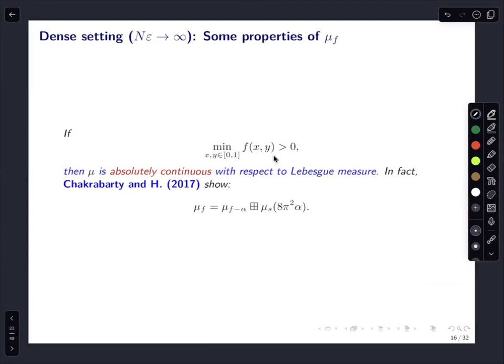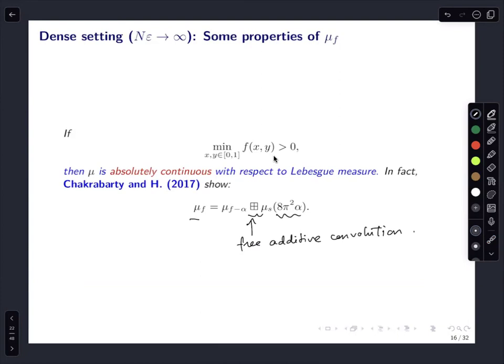Now, what you can show is that mu f is a free additive convolution with a semicircular law with a certain variance, which depends on alpha. So this is a semicircular law with a different variance. And this immediately gives the result, because the semicircular law in the non-commutative world acts like a Gaussian.